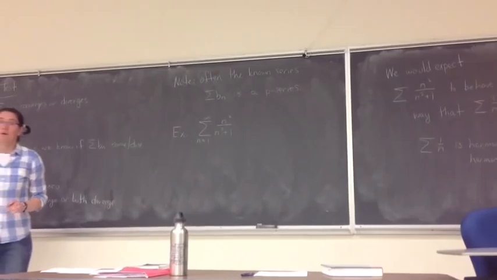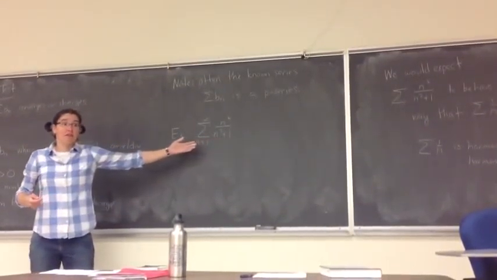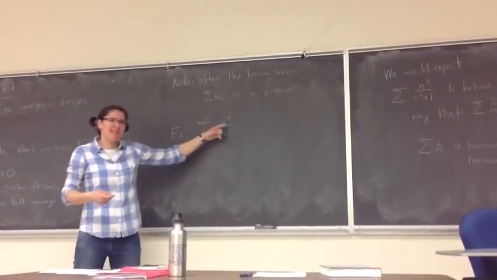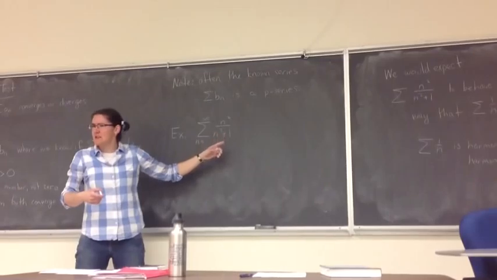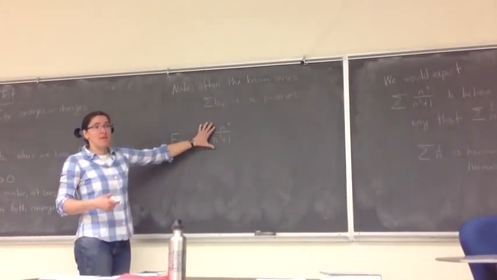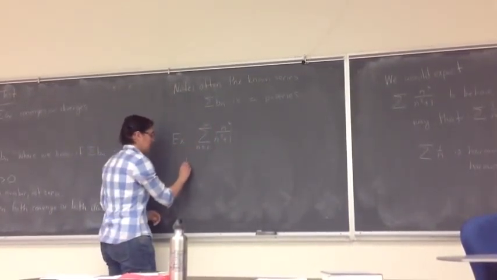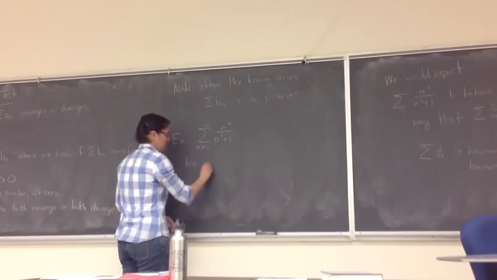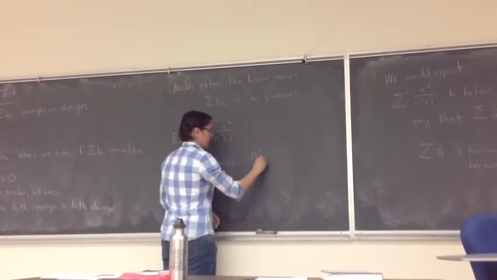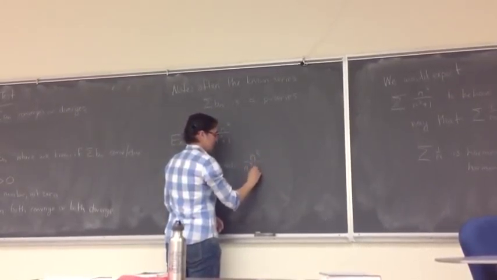All right, so now I've got this series and I look at it and I say, well, this series kind of looks like a p series, but not exactly. And so I'm going to cover up my series symbol, and I'm going to look at my terms. My terms are n squared over n cubed plus 1.